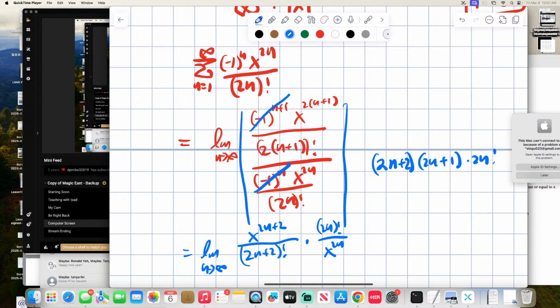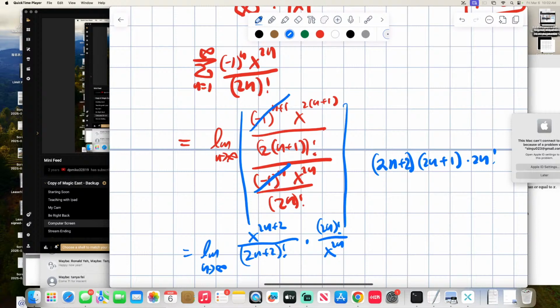So that's what people are going to make mistakes on in the test. With 2n, it's kind of confusing because it's over 2n plus 2. Good. So imagine that you have a 10. It's 2n, right? n is 5, so 2n is going to be 10. And then 10 plus 2 is going to be 12 factorial.